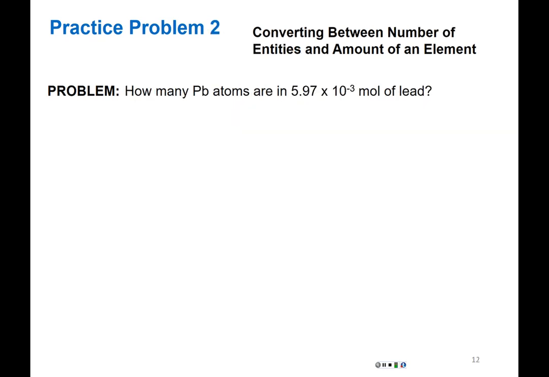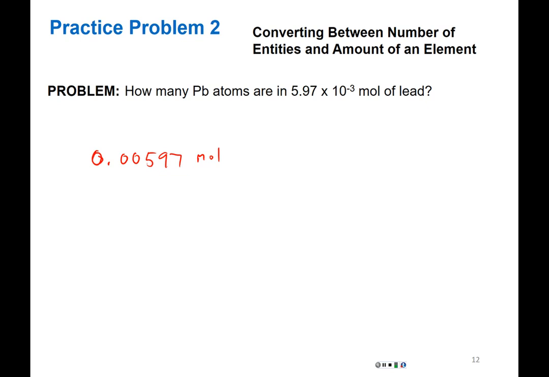Okay, let's try another, similar question. How many lead atoms are in 5.97 times 10 to the minus 3 moles of lead? Right. So we're given number of moles, 0.00597 moles of lead.